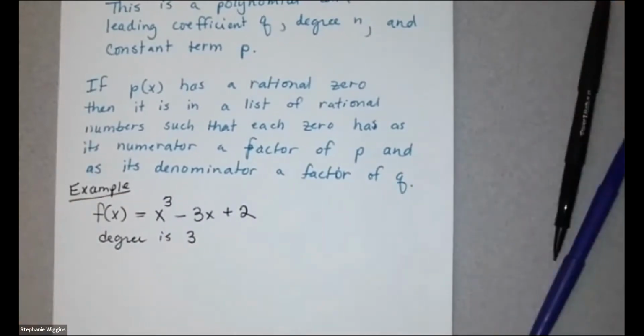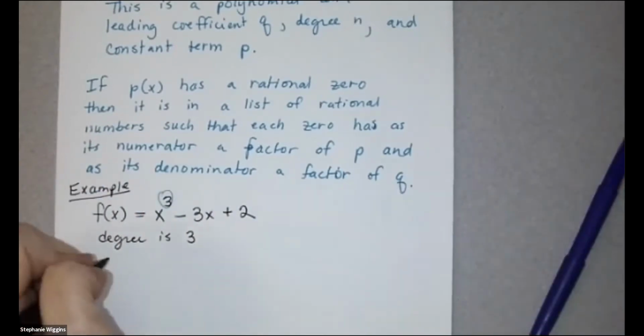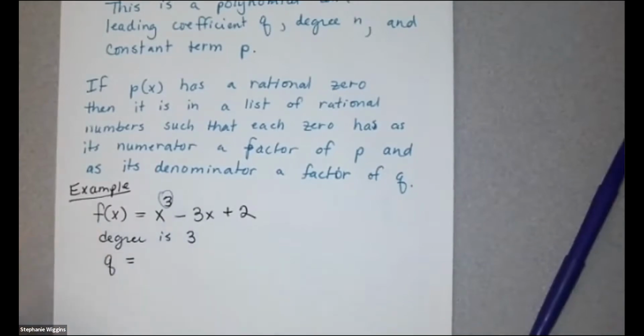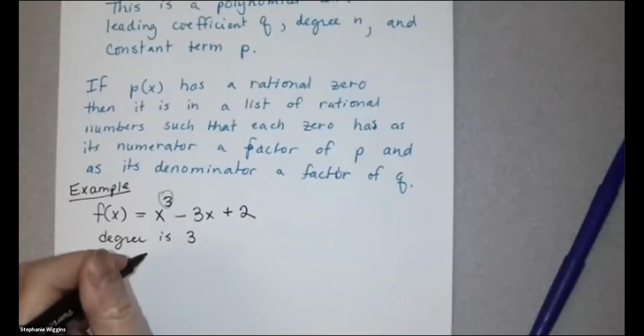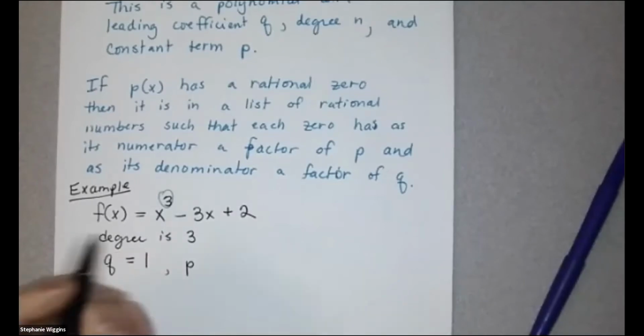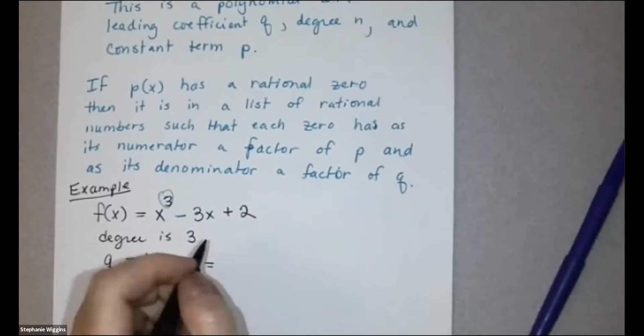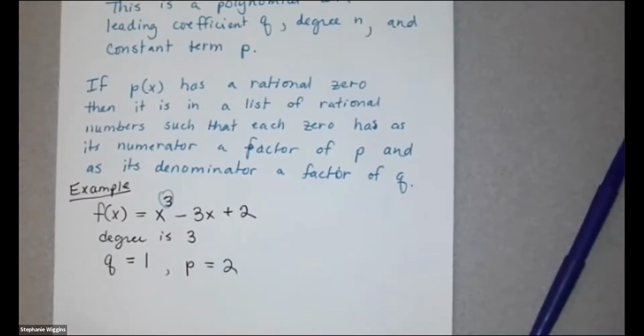Remember, the degree is the highest power on x. Our q is equal to the leading coefficient right here, which is a 1. And our p is equal to 2. So by the rational zero theorem, you would take all the factors of q, all the factors of p, including the positive and negative. So the factors of q are plus or minus 1.